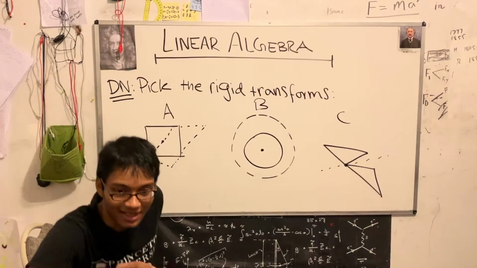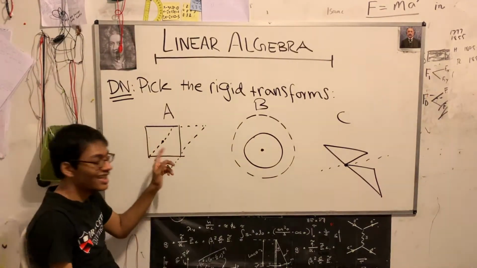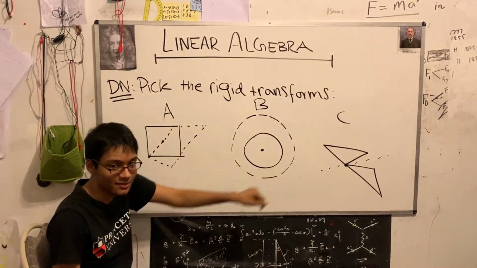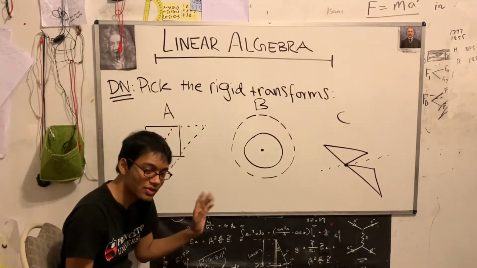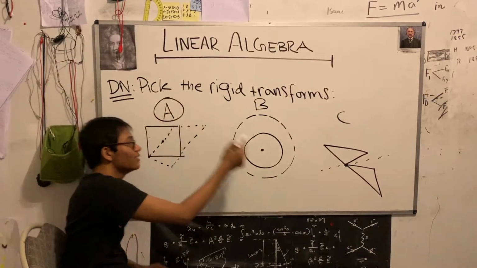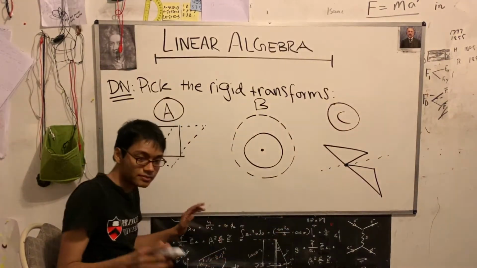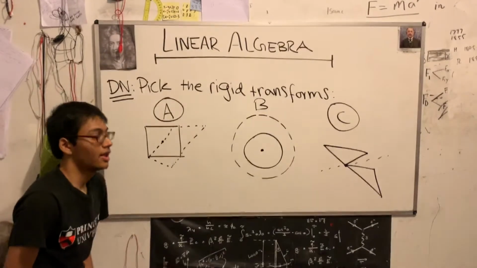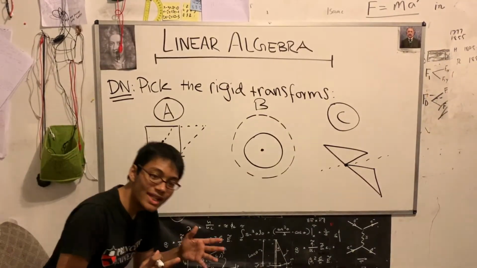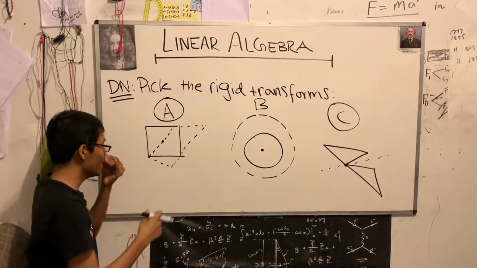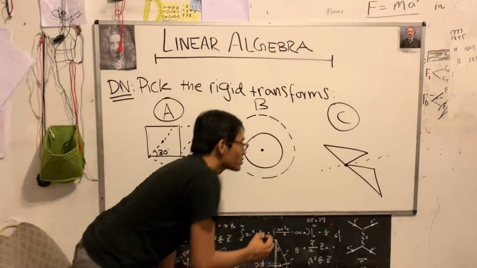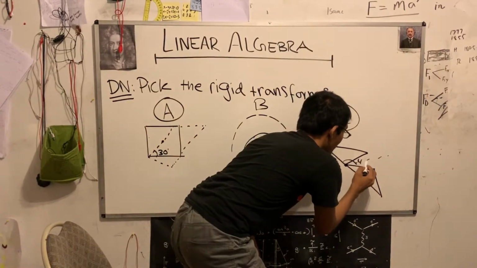Yes, that's right. It is A and also C. So good catch, but you missed C, not just A. Now, why are A and C rigid transforms? Simply because we are rotating these diagrams, right? So for example, this one I rotated by 30 degrees, and this one I rotated by something like 45 degrees.